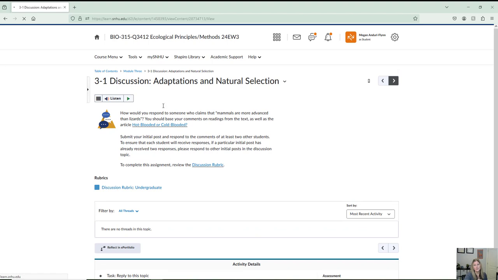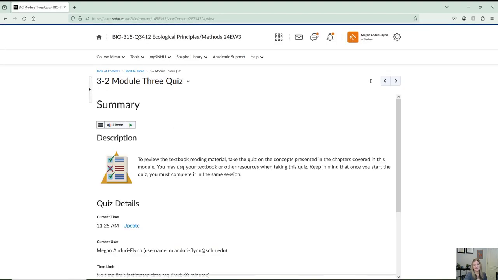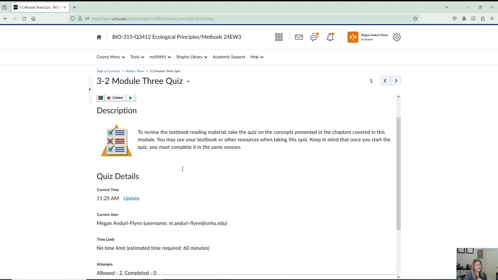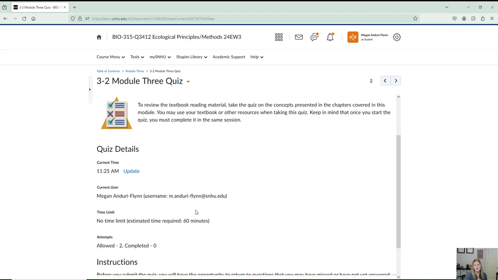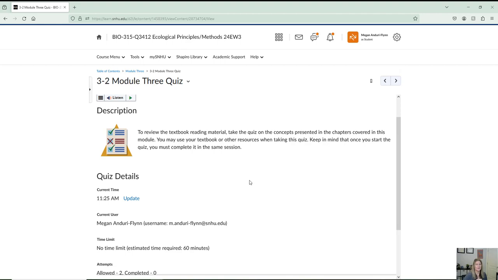And then, if my computer would wake up, we would have our 3rd quiz. This quiz is a 15-point quiz because, again, we're covering 3 chapters. So I highly recommend that you kind of glance through the textbook. You don't need to focus specifically on every piece of information in the chapter. And then when you actually take the quiz, you can have that textbook open so you can see the more in-depth information and be able to choose the correct answer.